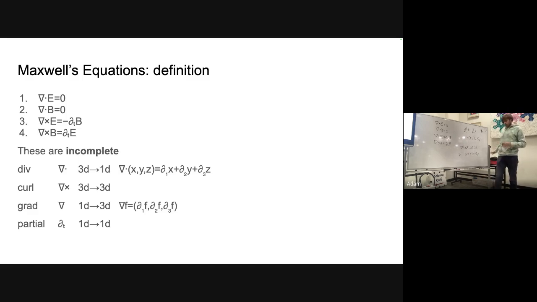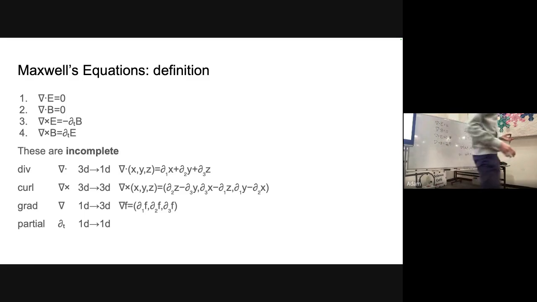And then curl is a nice little symmetric form. It's hard to realize just looking at the numbers why curl does what it does, but the way you can memorize it is by recognizing that the x component involves derivatives in the y and z, the ones that aren't x. The y component involves derivatives that aren't y.